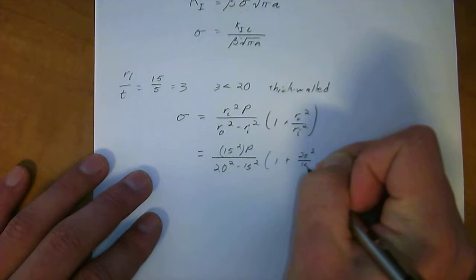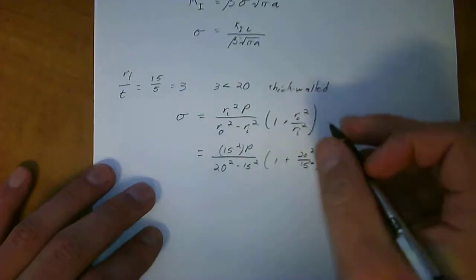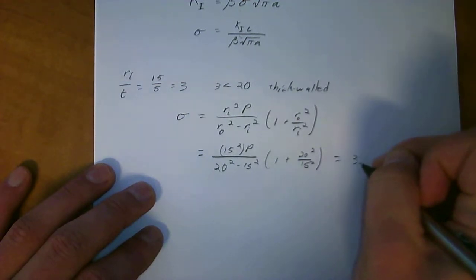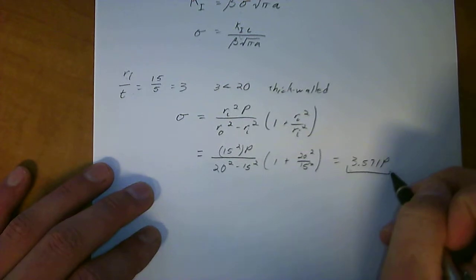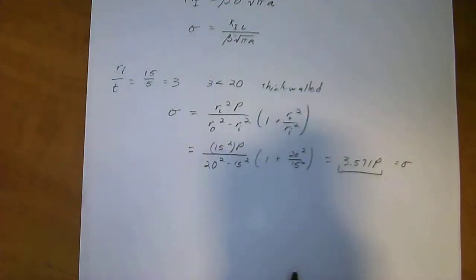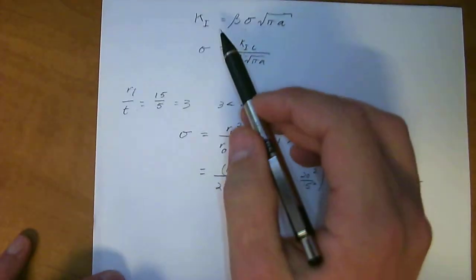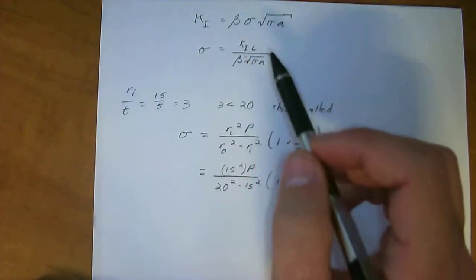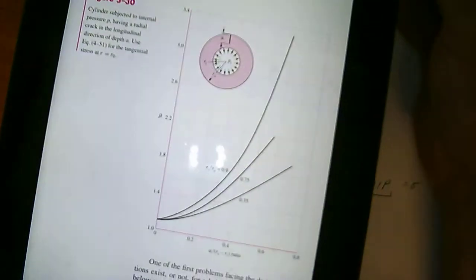And then 20 squared minus 15 squared times 1 plus 20 squared over 15 squared. And that gives us 3.571 P. And we're just going to hold on to that. So that's equal to our stress, the stress that we can use. So we can actually go ahead and sub that back up here into this equation, and we will in just a second. But we also want to know beta.